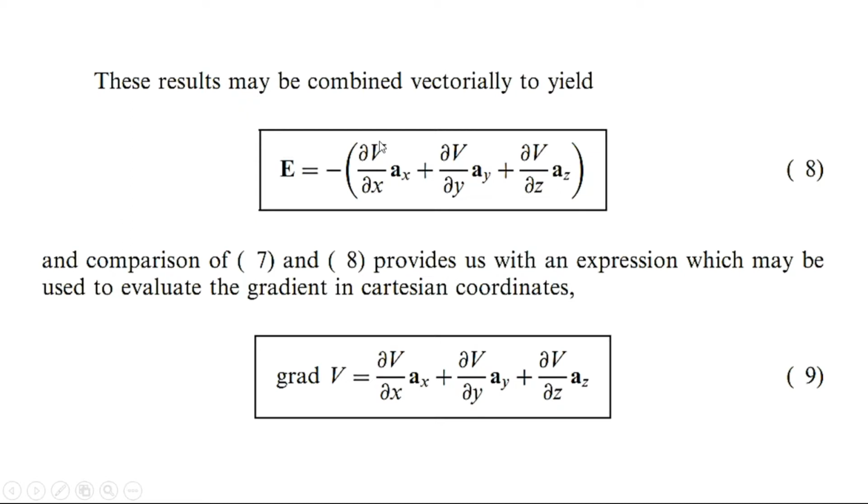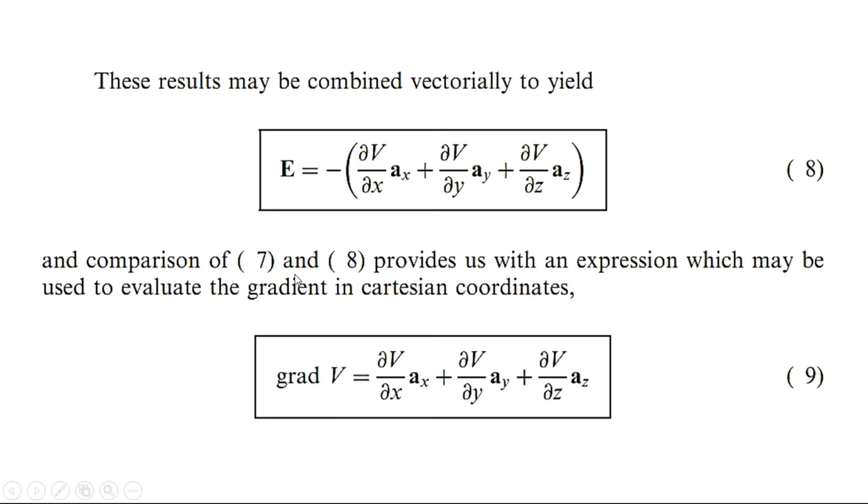Because V is a function of x, y and z, and if we want to see the change along the x direction, we take the partial differential along x, similarly along y, and similarly along z.